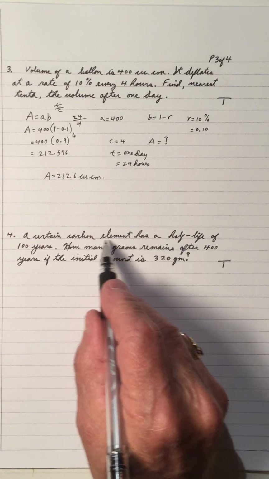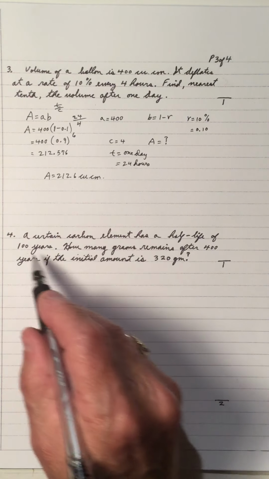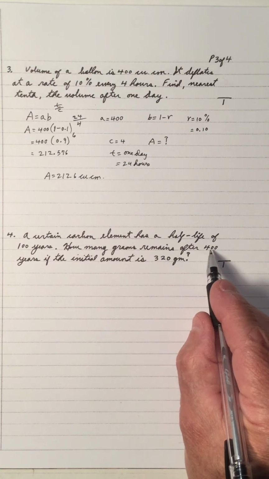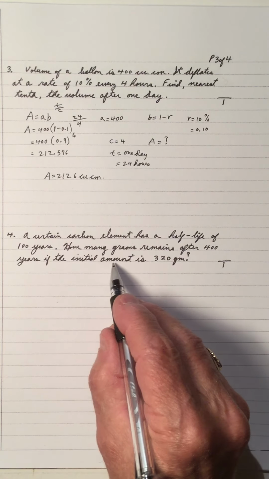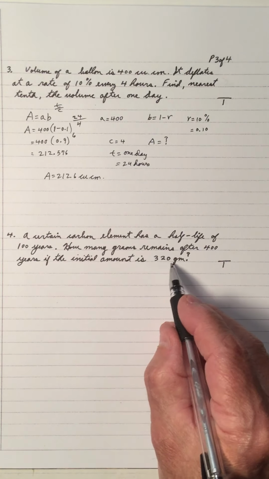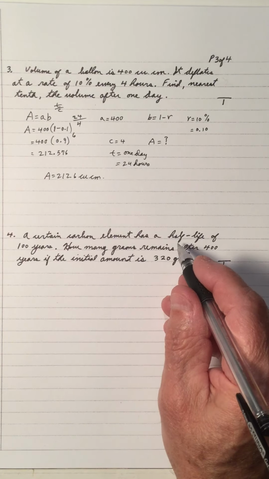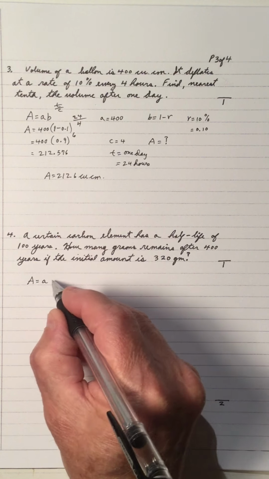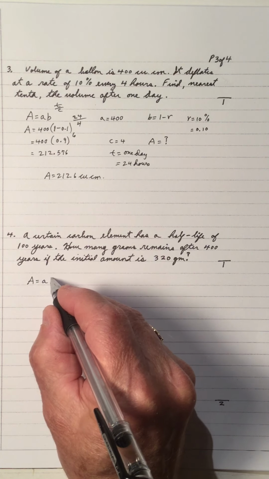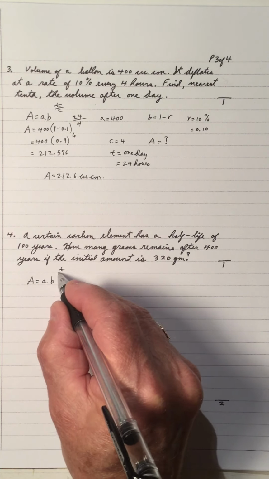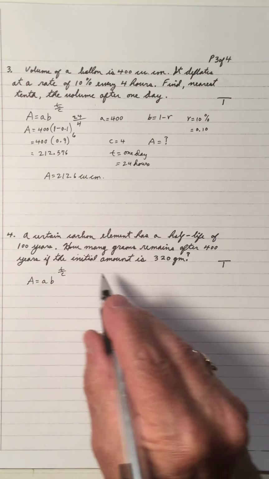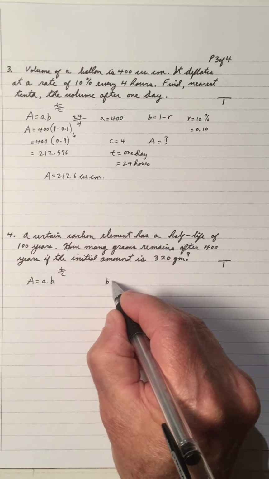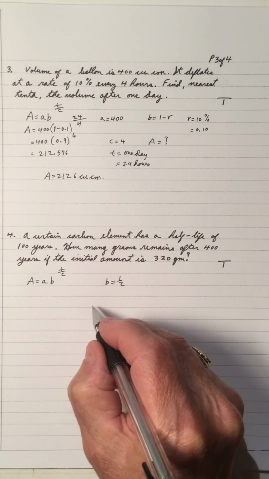A certain carbon element has a half-life of 100 years. How many grams remain after 400 years if the initial amount is 320? Notice we have a half-life. Again, the equation is A equals initial amount, and it's the B to the T over C. So what we have a half-life, so that means the base is a half.